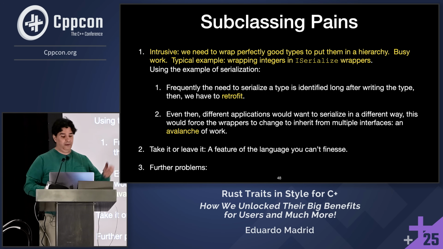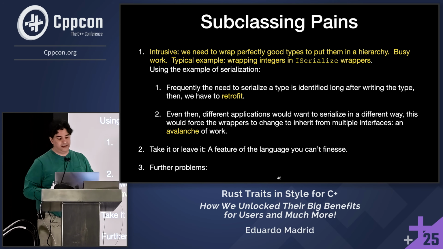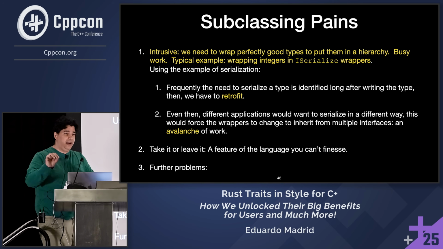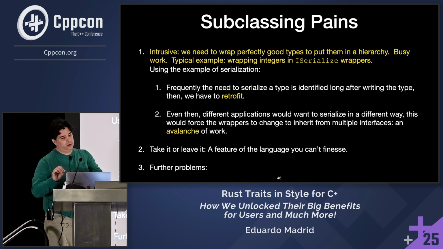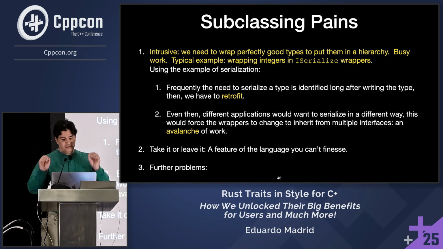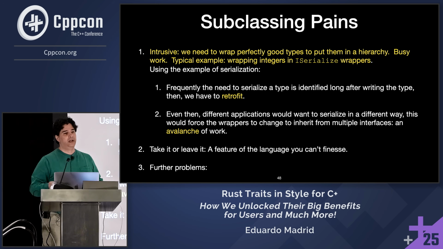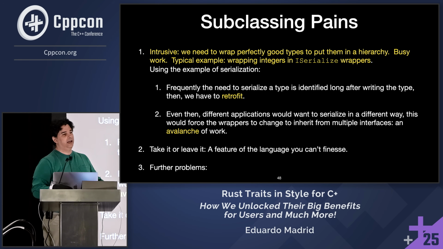Another problem that I see with inheritance and virtual is that the specific way in which it is designed into the language, I find defects in that thing, but it is a take-it-or-leave-it feature. Something that you cannot argue with, you cannot modulate in any way.